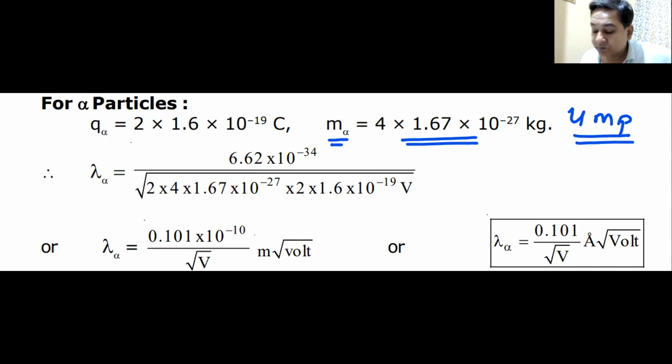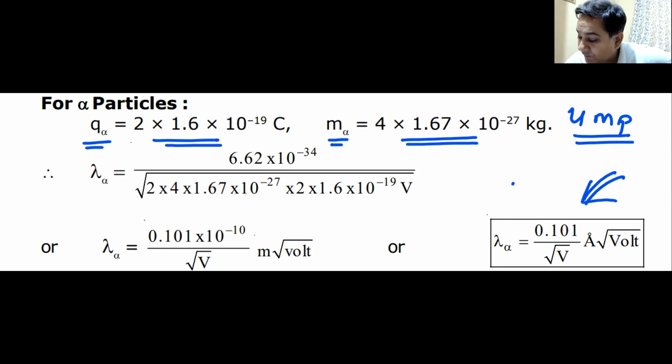And what is the charge of an alpha particle? 2 times the charge of a proton. It is a helium nucleus. Do we know this? Then you just remember the formula for the wavelength of this alpha particle, and the formula becomes 0.101 divided by √V.